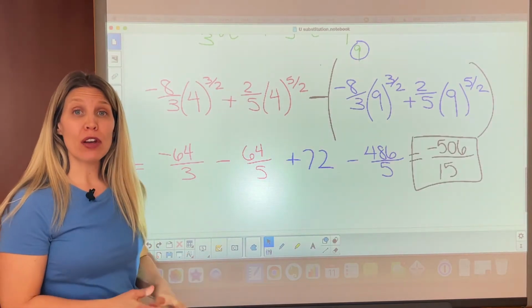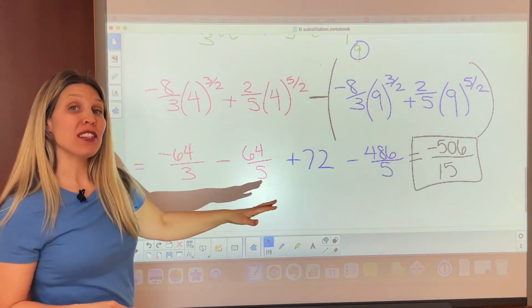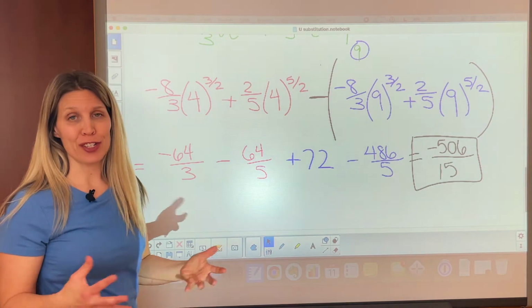Once you simplify with your calculator, these are the fractions that you should come out with, unless you're doing decimals, but this is the answer you should get when you plug it into your calculator.